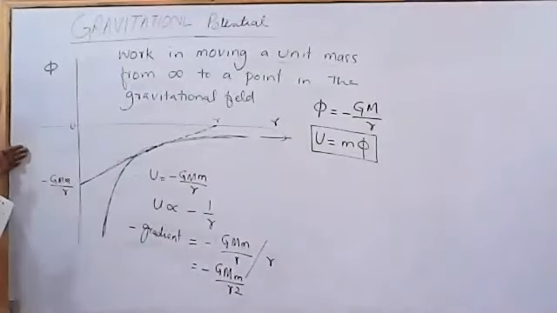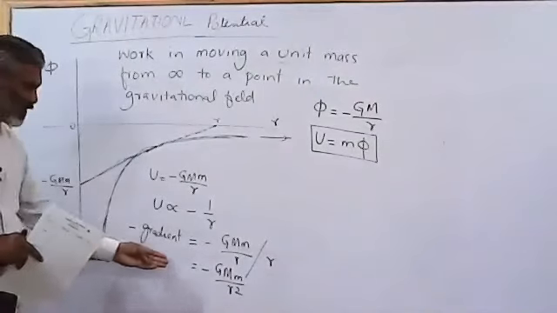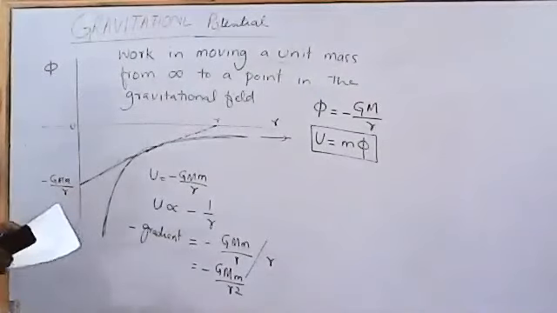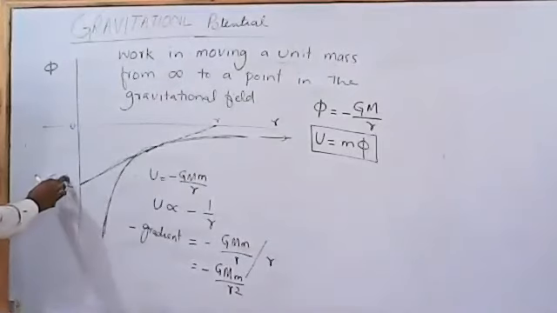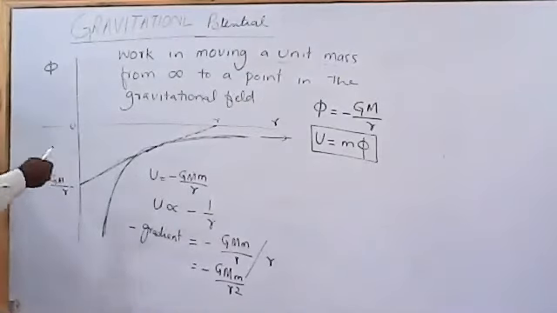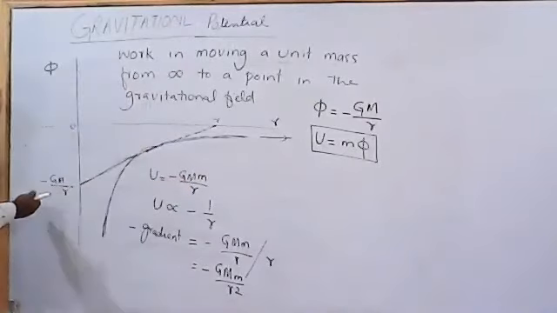What happens to this graph and what changes take place here, we can quickly understand. Obviously, this expression will change to minus GM over r. Like gravitational potential energy, gravitational potential is also a negative quantity, so it appears on this side of the graph.